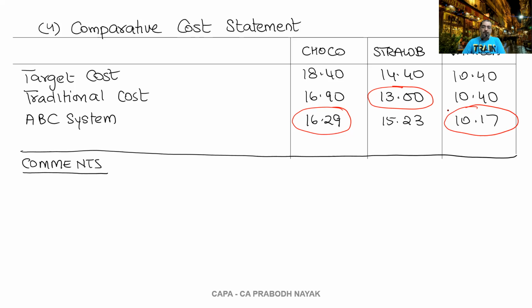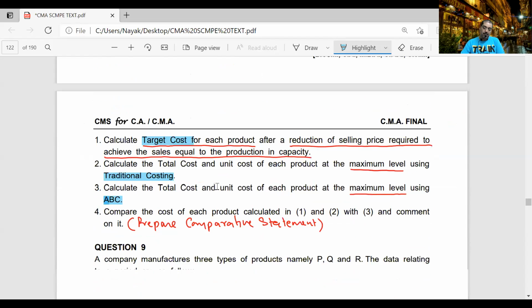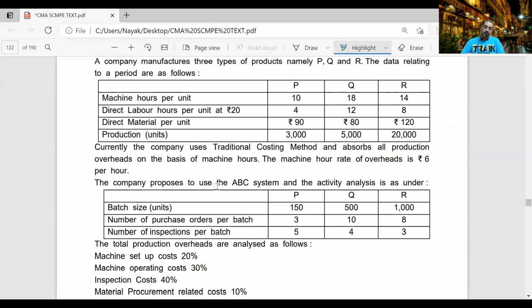Okay, let us take question number 9. Question 9 also similarly, different methods are there.